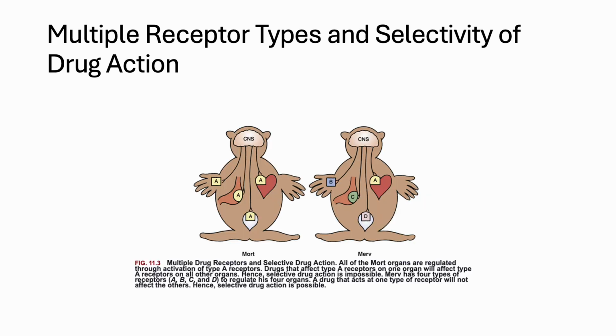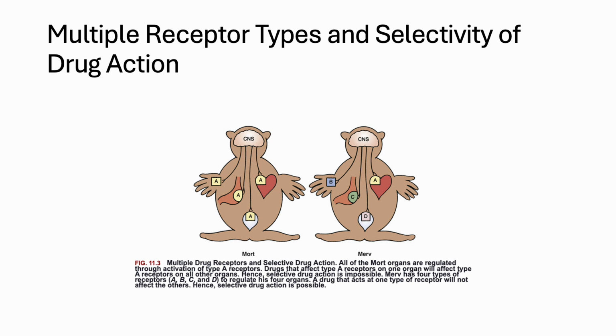The concept of selective drug action is the most desirable quality that a drug can have. When we have a selective drug that can alter a specific disease process or effect, but we're able to leave the other physiologic processes unaffected, that is the goal.